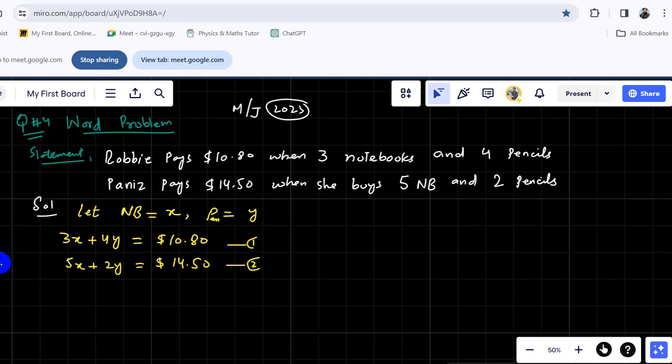If we got decimals here, to double it, like to double 10.80, it will be 29, but we do not need to do that.